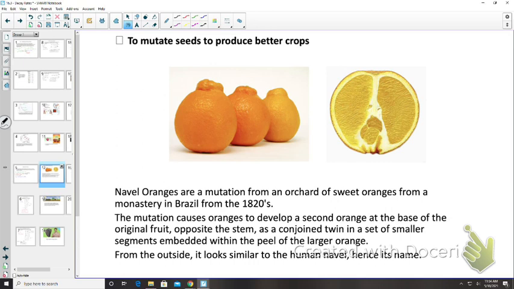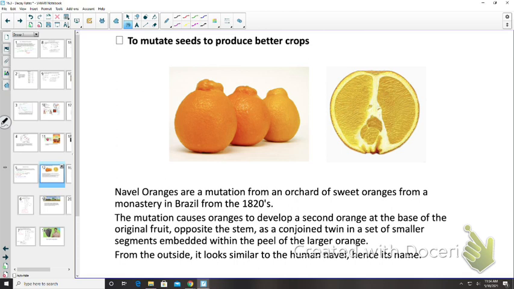Okay? Now that's been done for decades, right? So we've done that, but now we can also mutate our seeds with radiation to produce better crops. So for example, navel oranges are a mutation from an orchard, sweet oranges from a monastery in Brazil from the 1820s.